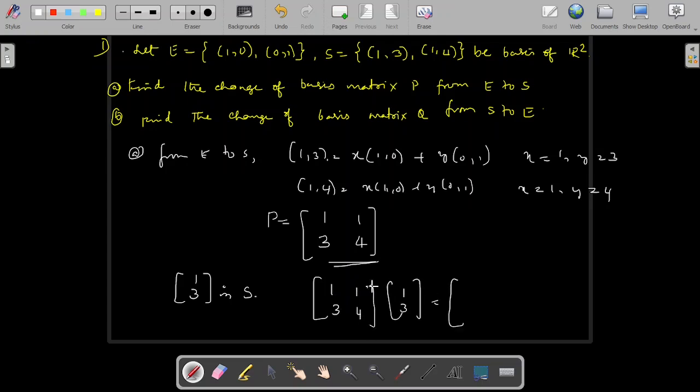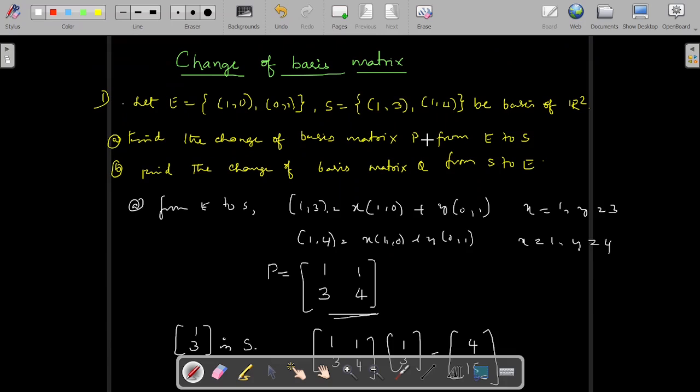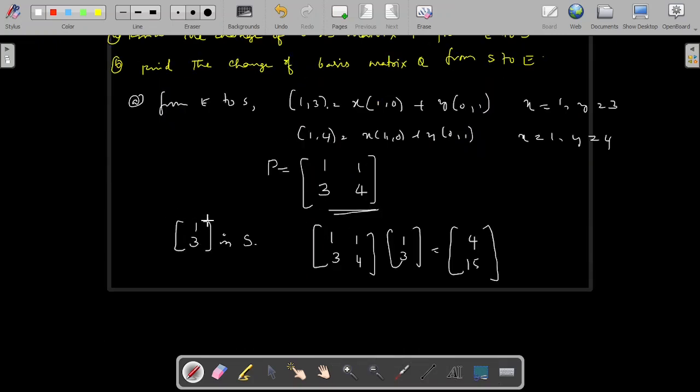So this is equal to 1 plus 3 is 4, 3 plus 12 is 15. So (1, 3) in S is called (4, 15) in E. This is the standard coordinate system, and this is a new coordinate system. So for any vector of the new coordinate system, if you want to know what it is in the old coordinate system, you have to multiply that vector by the matrix P on the left.